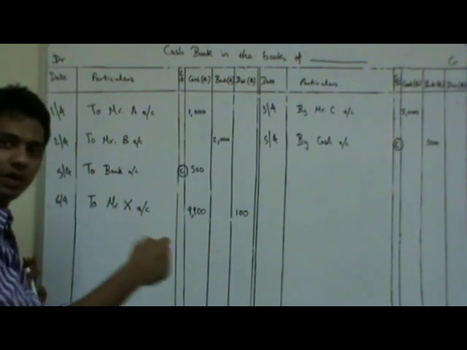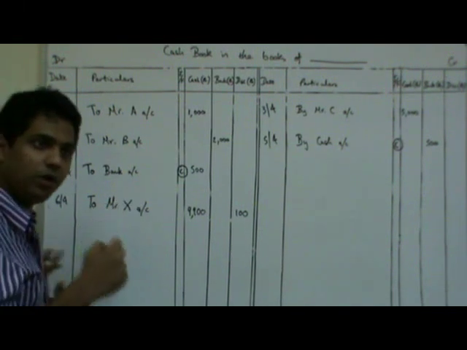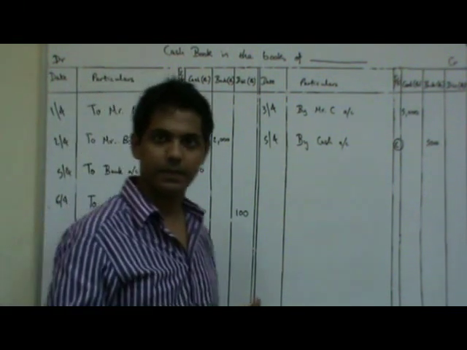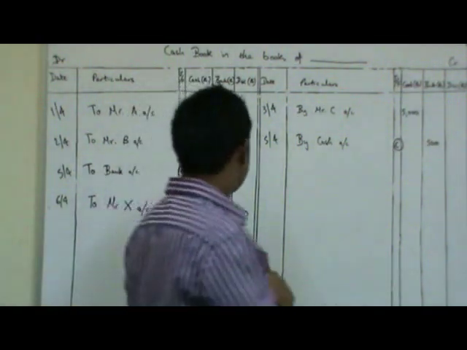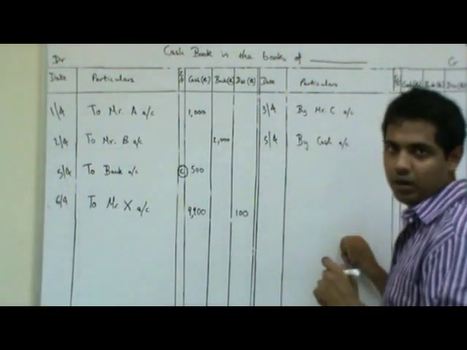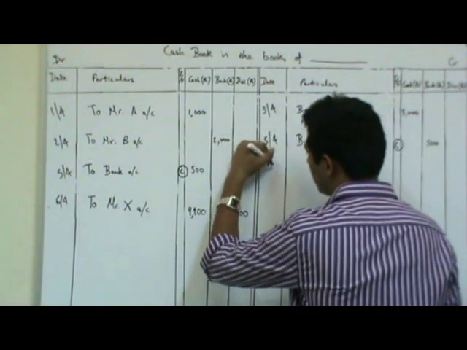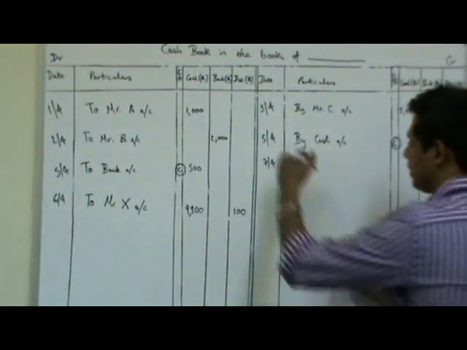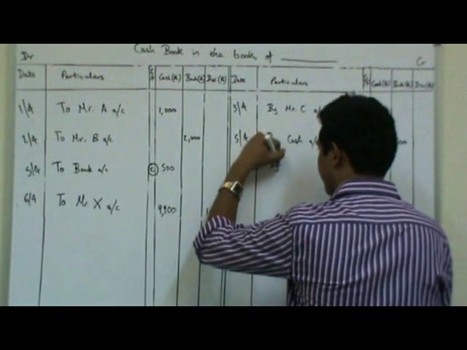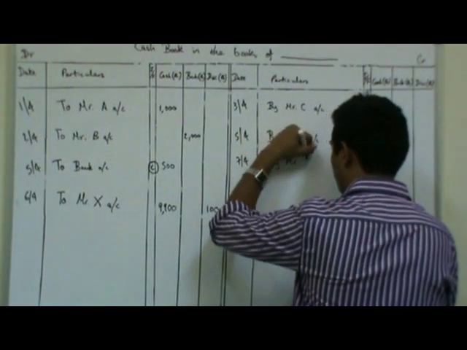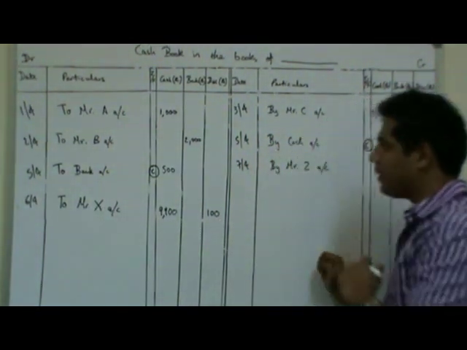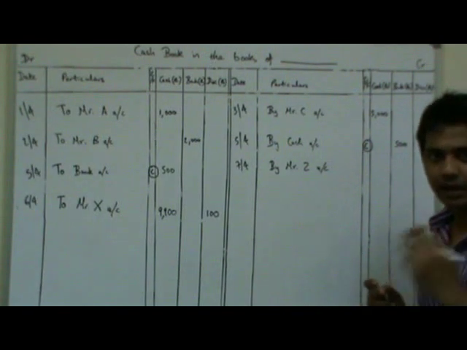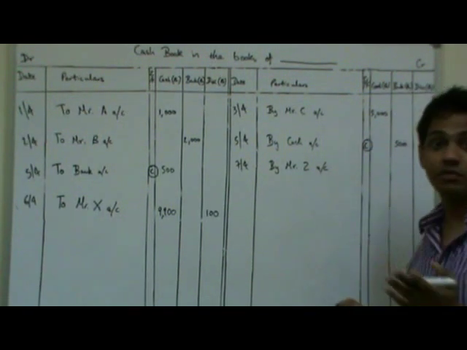The same would be true if we were allowed a discount by someone else. Suppose on the 7th of April we paid Mr. Z a certain sum of money. Say we paid him 1,500, but we actually owed him rupees 2,000.